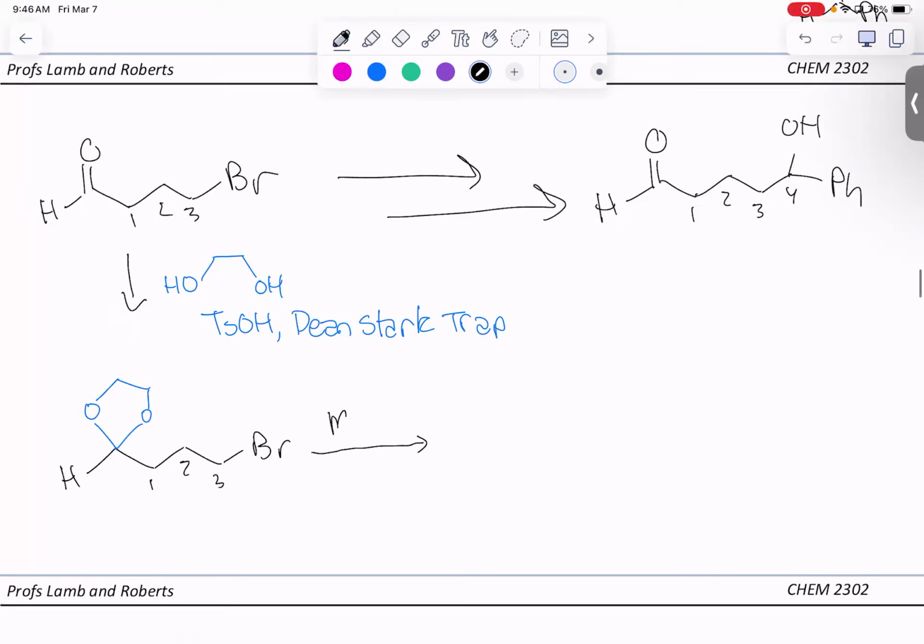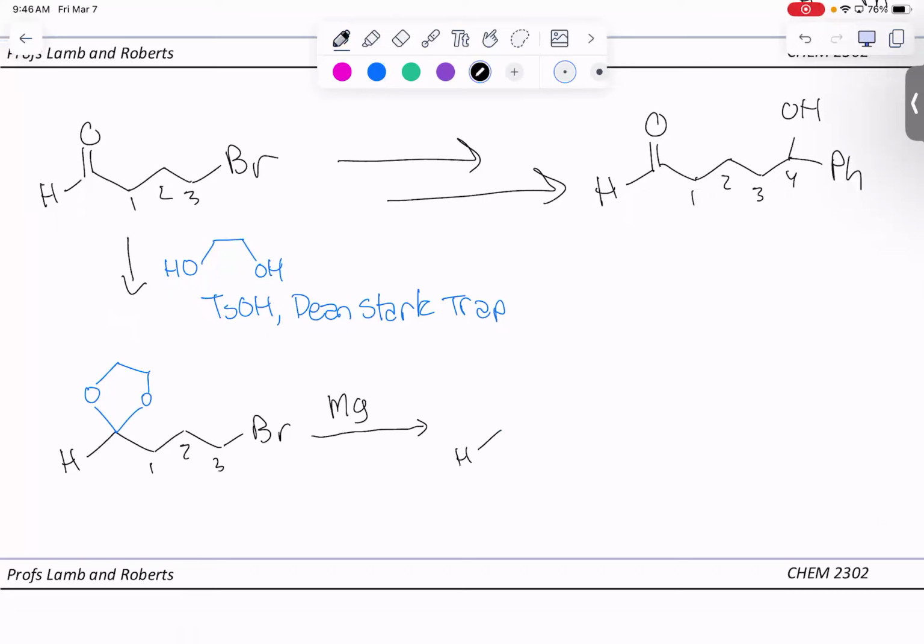We know that we can add in magnesium, and we can go ahead and make our Grignard reagents. We could have added in lithium if you wanted to make an organolithium. That's fine too. So now we make this magnesium bromide. Our acetal and ketal is still protected. Awesome.